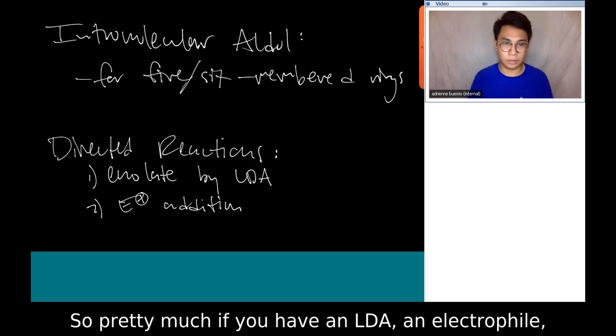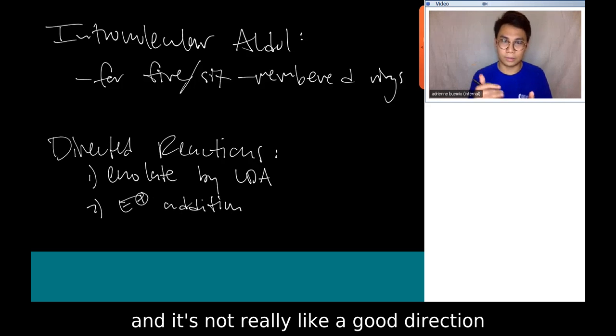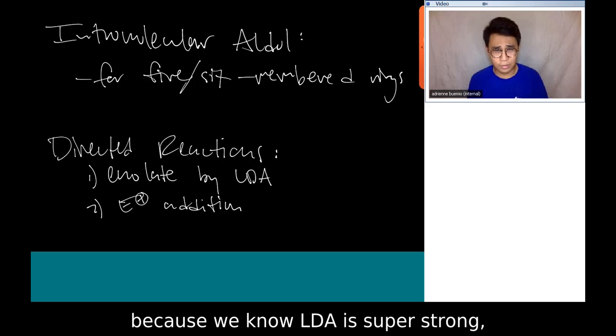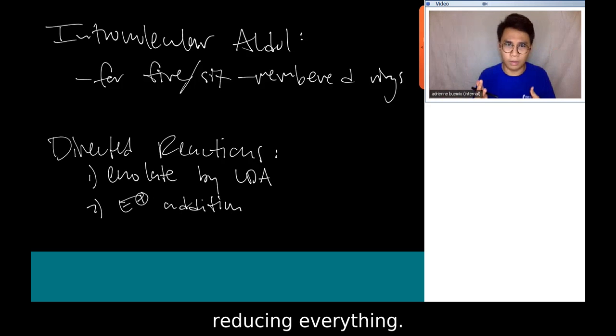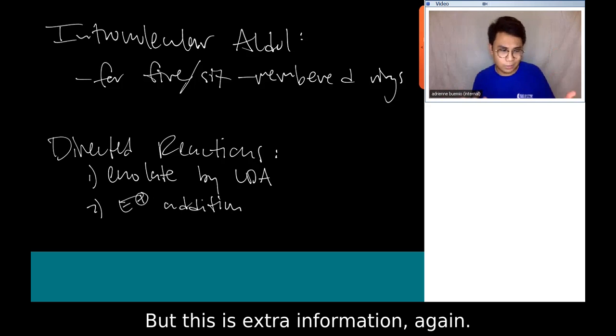So pretty much, if you have an LDA and electrophile, you know it's going to be directed, and it's not really like a good direction because we know LDA is super strong, so it's going to end up pretty much deprotonating everything, right? So, but this is extra information again.